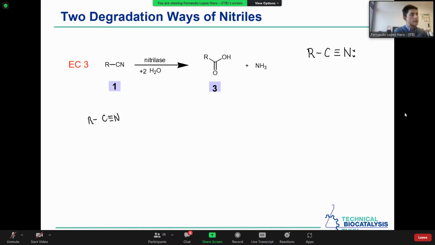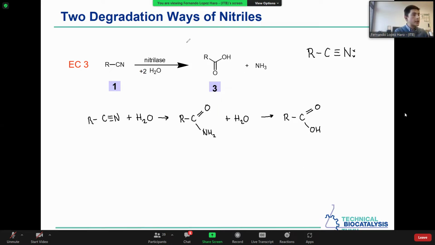You have an R, and then you add one of the molecules of water to create an amide, which would look something like this, NH2, double bond here. And then you add a further water molecule, and it oxidizes all the way into a carboxylic acid residue.